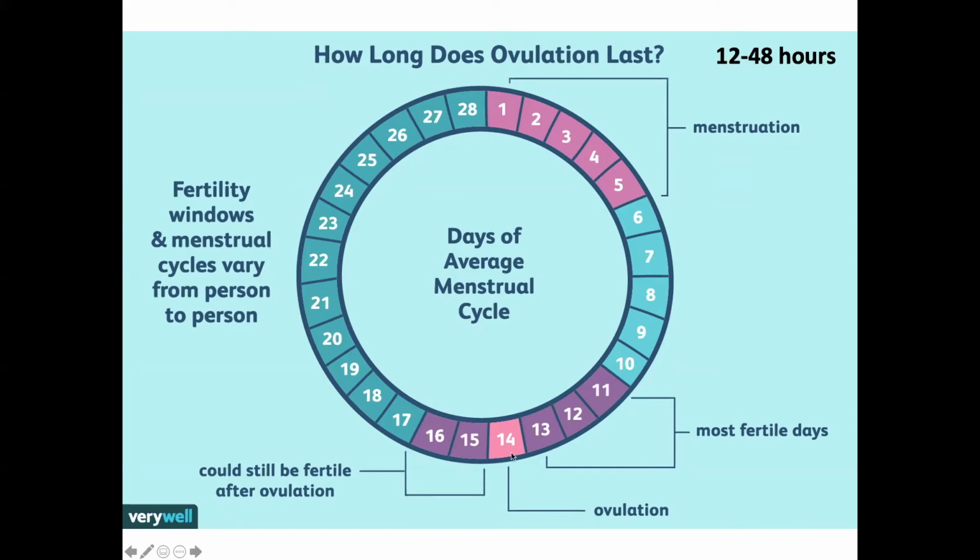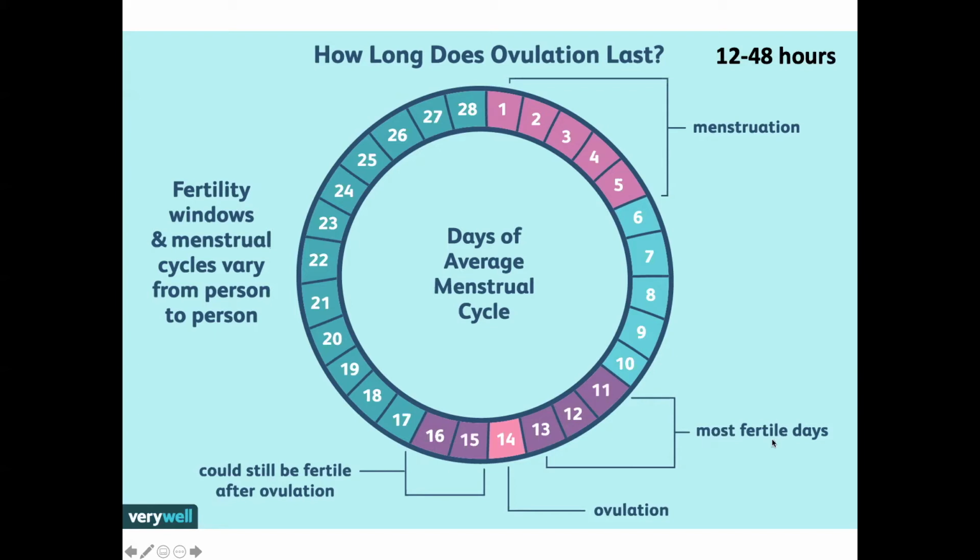Now there are apps available that can roughly calculate the ovulation day when you record your menstrual dates. Ovulation lasts about 12 to 48 hours. But 2 to 3 days before ovulation are the most fertile days if you would like to have a baby, right?